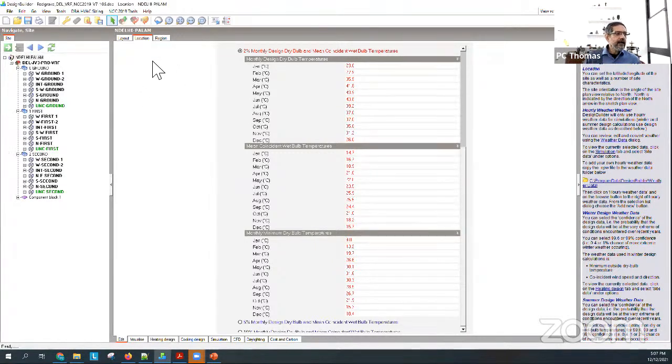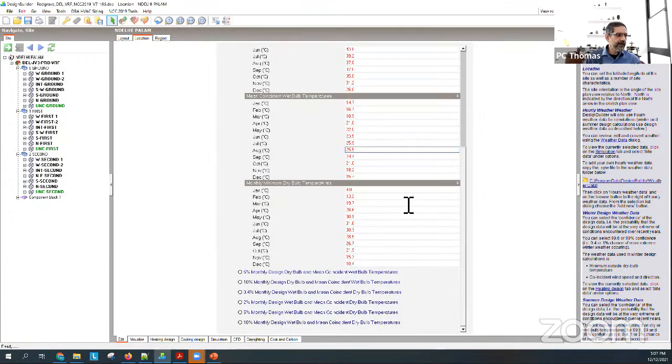Now, as you can see, there are some more items below that. Okay, so you have 0.4, 2%, 5%, 10%. Then you have another set here, 0.4, 2, 5, and 10 again. And in this case, if you read it, it actually says monthly design wet bulb and mean coincident dry bulb.